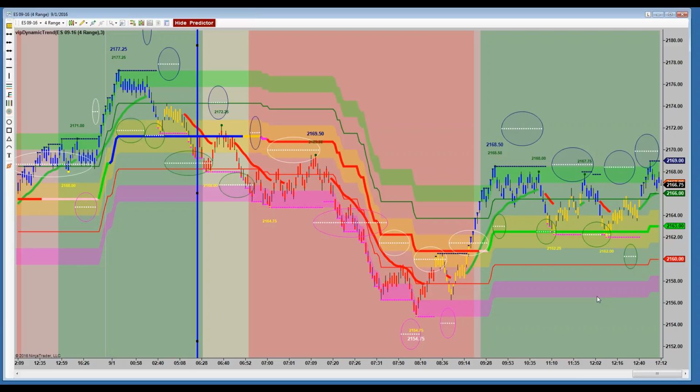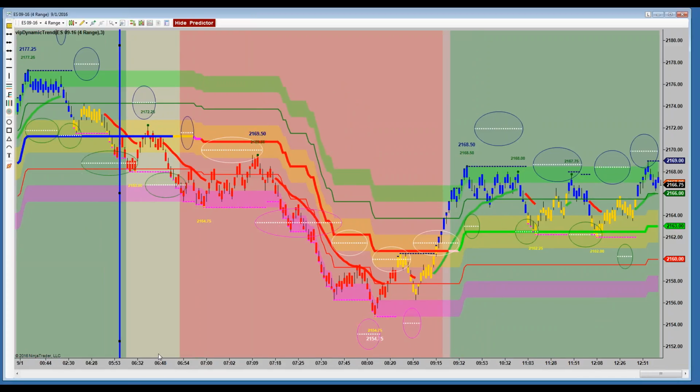Now what I'd like to do as an exercise here is find out if everyone in here tonight can name, time-wise, where the shorts set up, and this is part of this whole notion of being patient and waiting for the trades to come to you, because there are several trades on here.